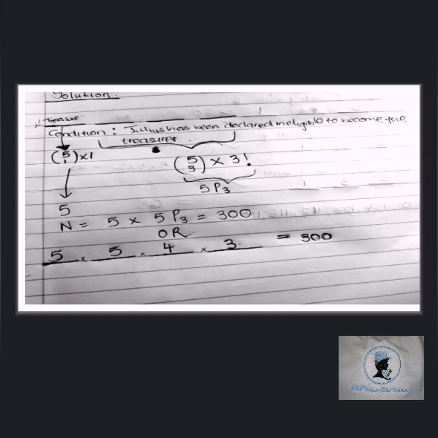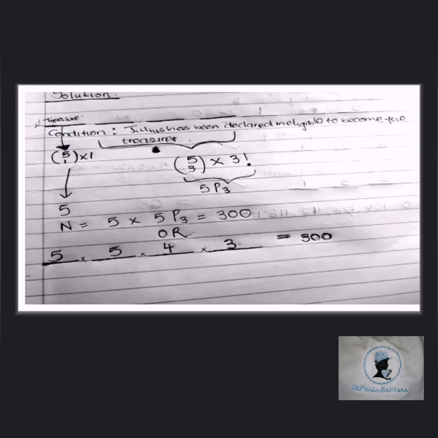So we have 4 positions, and a condition that says Julius has been declared ineligible to become the treasurer. So let's say maybe this position is for treasurer.